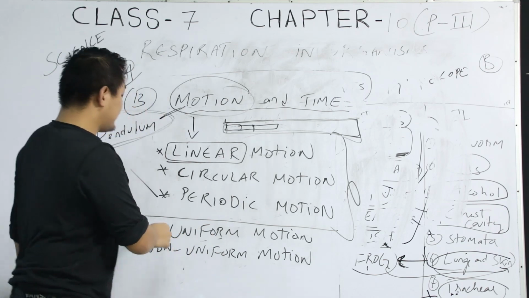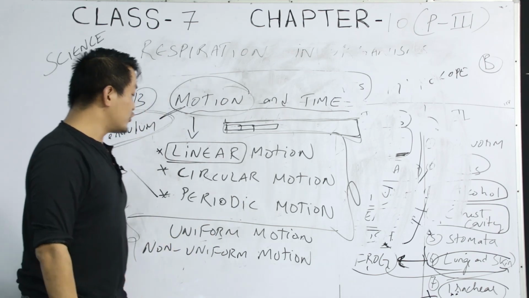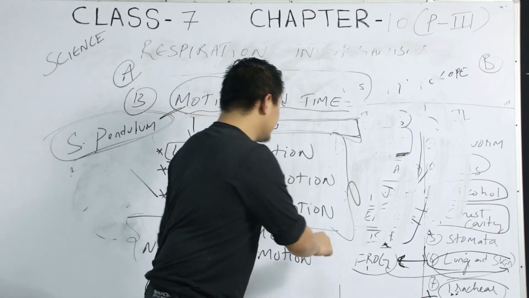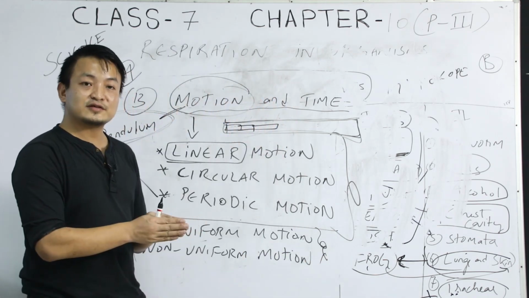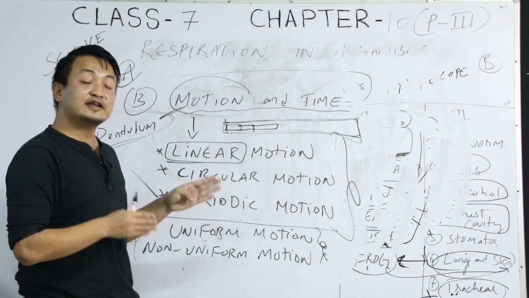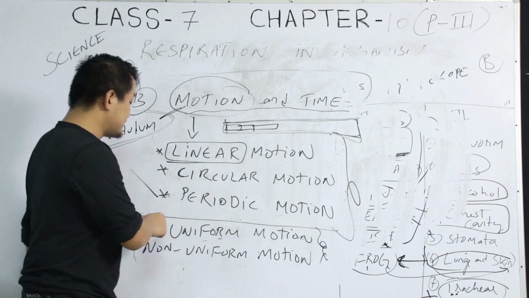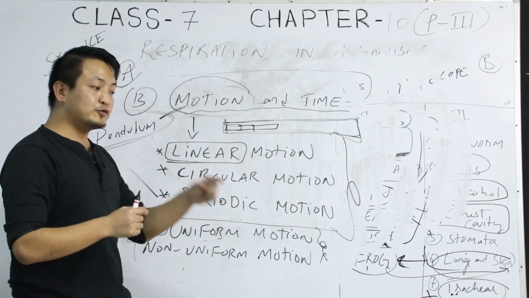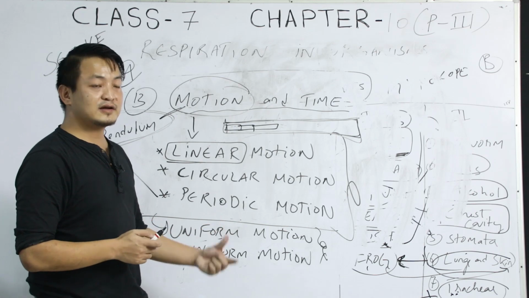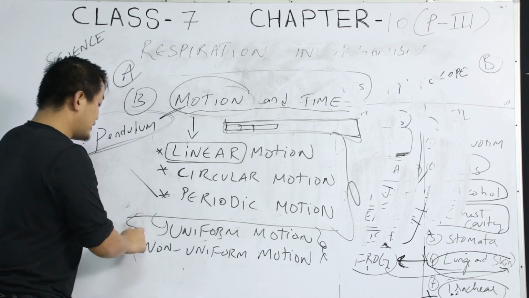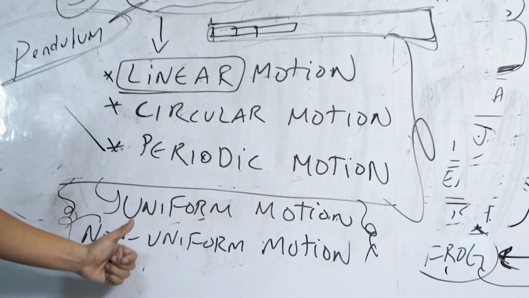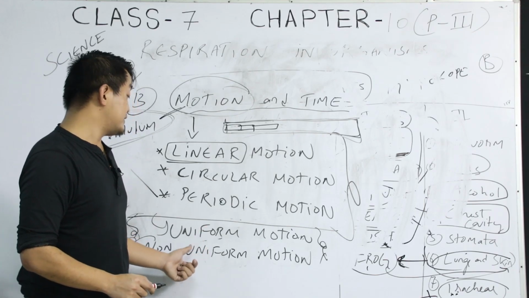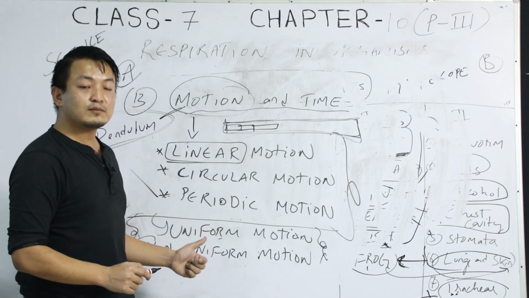Now, we also have uniform motion and non-uniform motion. Okay, if we are covering equal distance in equal intervals of time, then that is uniform motion. Equal distance, equal time. Clear? Now, if we are covering unequal distance in equal intervals of time, then that will fall under non-uniform motion.